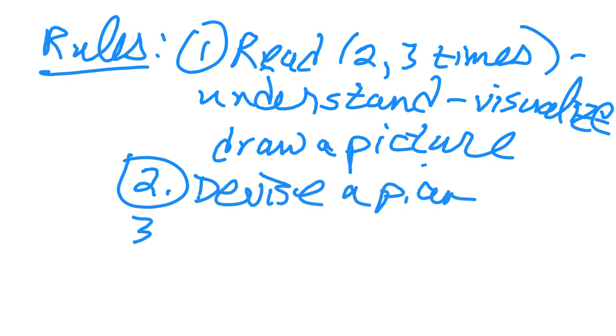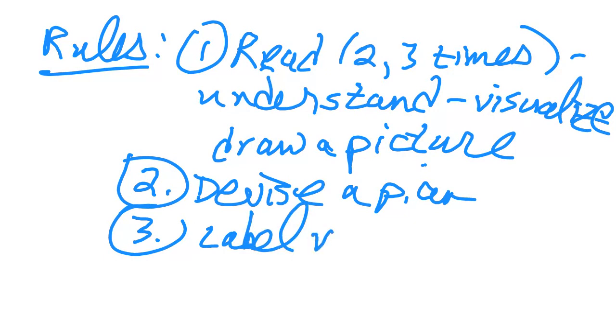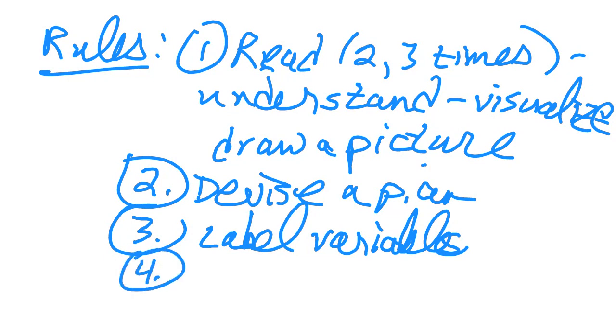And then the third thing we're going to do, once we get that plan, is label our variables, which we call the factors. Okay, but only label what we don't know but do want to know. Then after we have our variables or unknowns, things we're trying to find out, we're going to come up with the equations and inequalities based on the constraints of the problem.